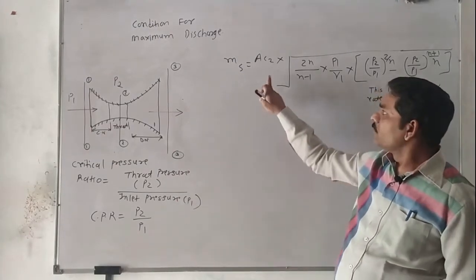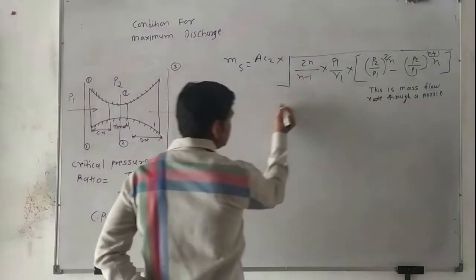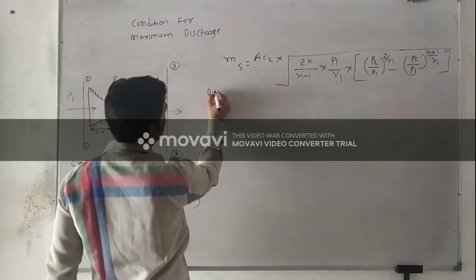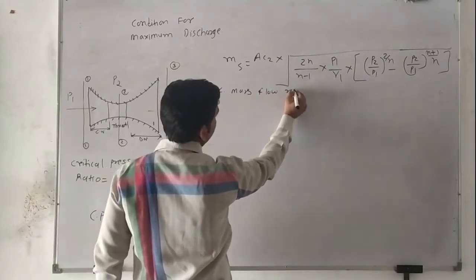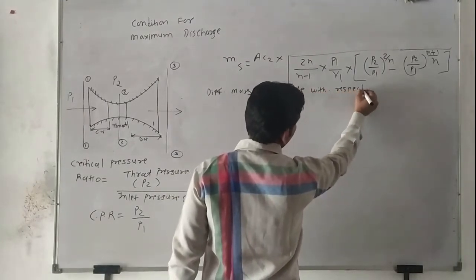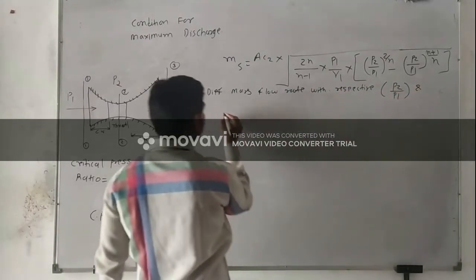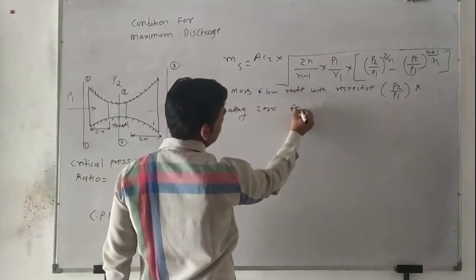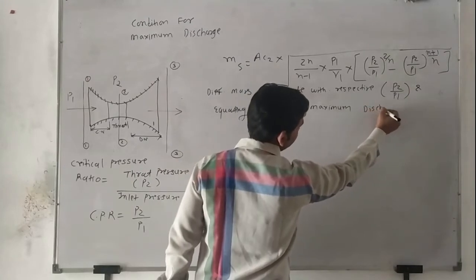We differentiate the mass flow rate with respect to the ratio P2 upon P1 and equate it to 0 for the maximum discharge condition.